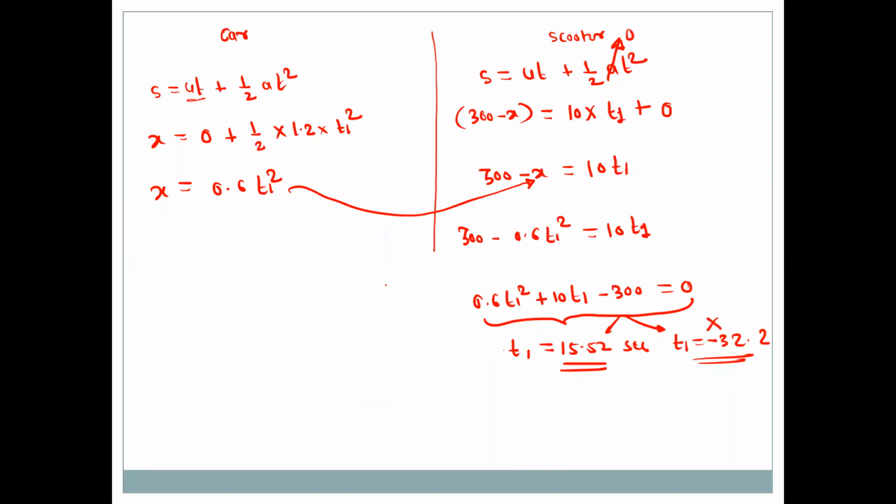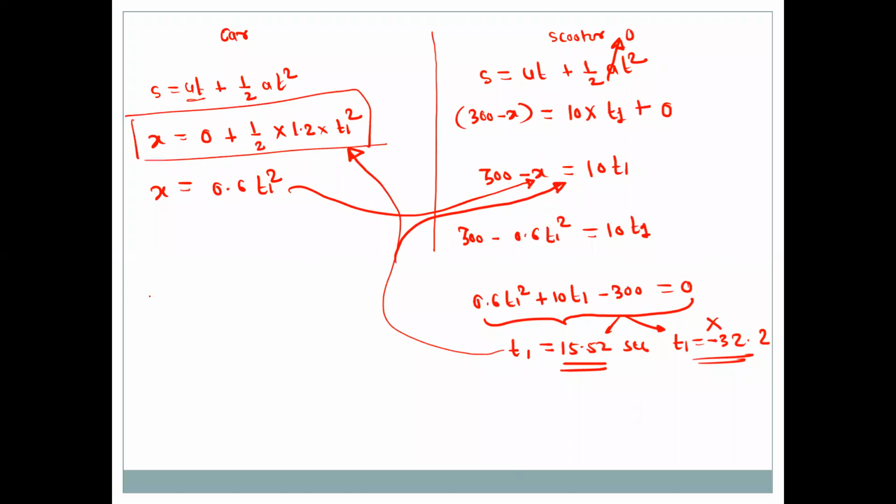Okay, and to find the x value, you can put this value either in this equation or in this equation. If you put the value in this equation, then x is equal to 0.6 into 15.52 square, which is equal to 144.52.